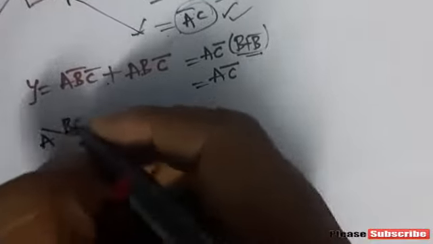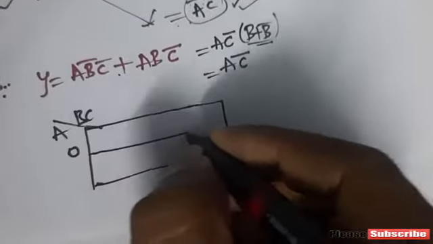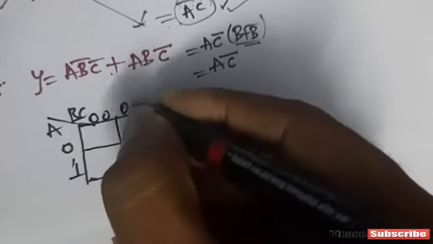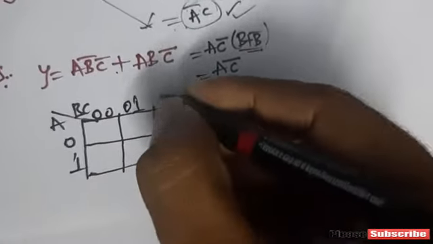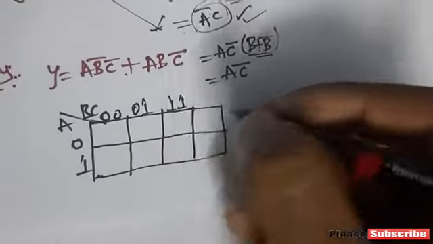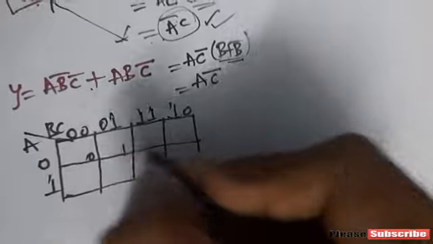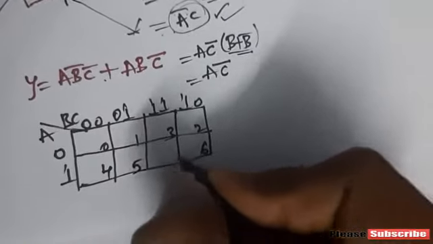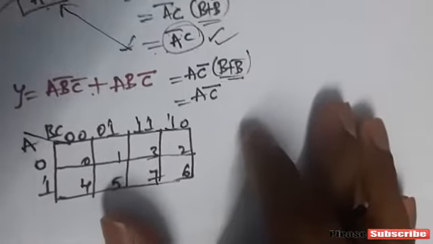A B C, this will be 0, this will be 1, 0 0, 0 1, 1 1, 1 0, and cells 0 1 2 3 4 5 6 7.